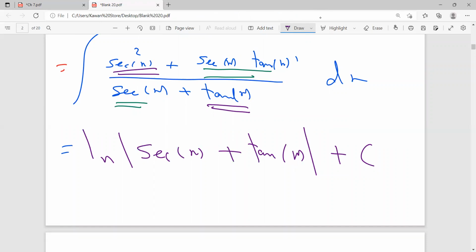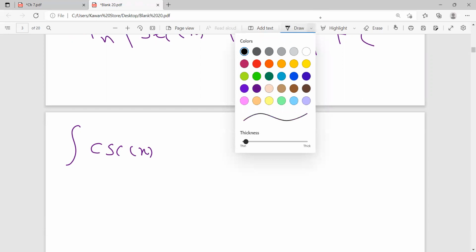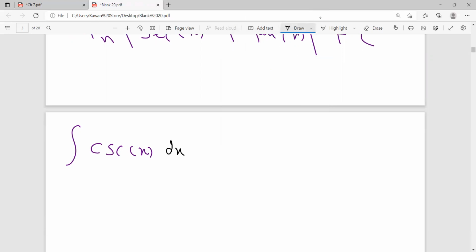Understood, dear? So tell me about cosecant. Look, that means you understand. The cosecant of x. How do we solve that one? Okay. Yes.